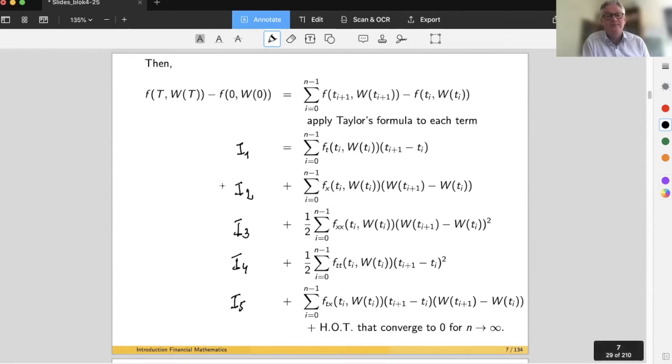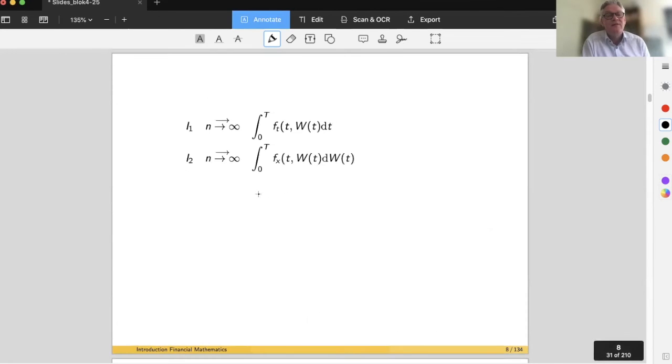The second one, this one, the sum of df dx times this Brownian increment, when n goes to infinity, that also will go to the integral from 0 to t of fx(t, w(t)) times dw(t). There is always a bracket missing here, I see.